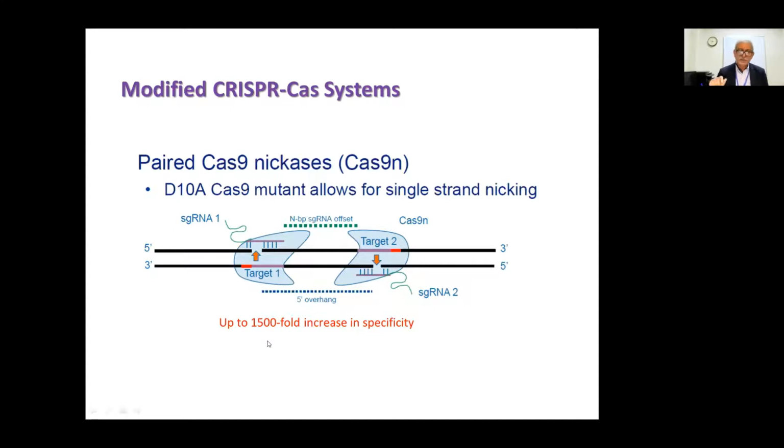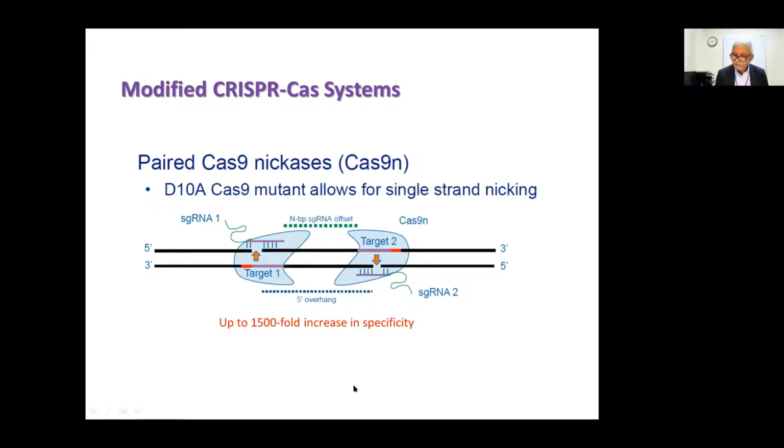You will have very few cutting sites around the DNA at other positions, and you are hardly introducing any mutations in the target genome. Is the mechanism clear to you? Yes, sir. Okay.